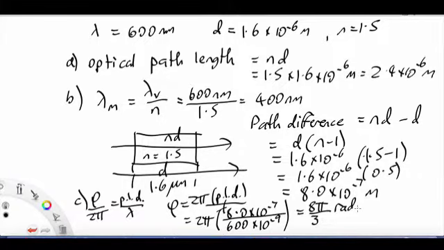Now that's more than 2 pi, so in fact that is 2 pi plus, which should be 6 pi over 3, plus 2 pi over 3. So it is a whole wave plus 2 pi over 3 radians.